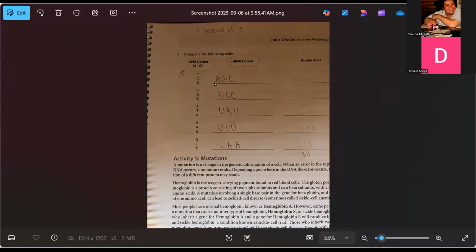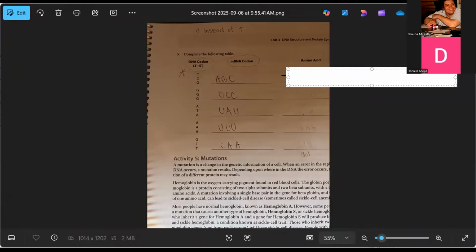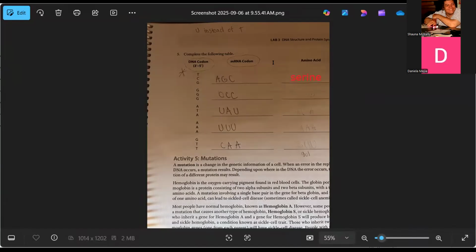So the amino acid that you would be coding for would be serine. So you would have put serine here, because according to the chart, that's serine.